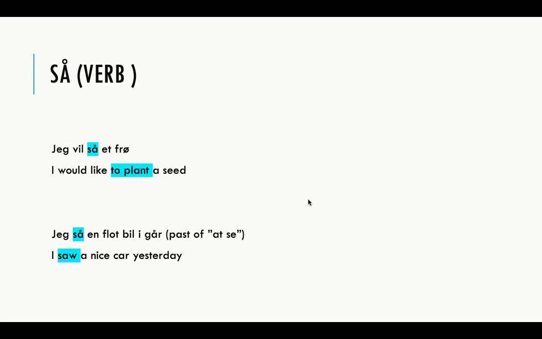That is maybe not a word that you will come across that often, but the other usage you will see very often, and that is because så is also the past form of "se", the past form of to see. "Jeg så en flot bil i går." I saw a nice car yesterday. So, in short, så or "so", notice that I'm pronouncing it differently.